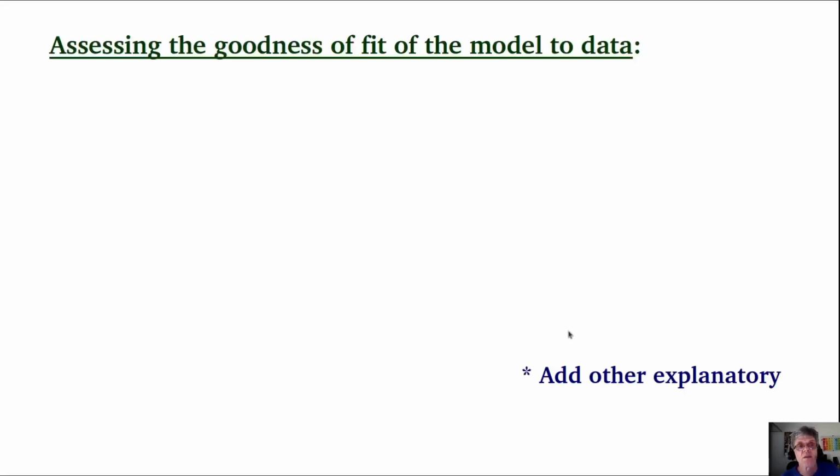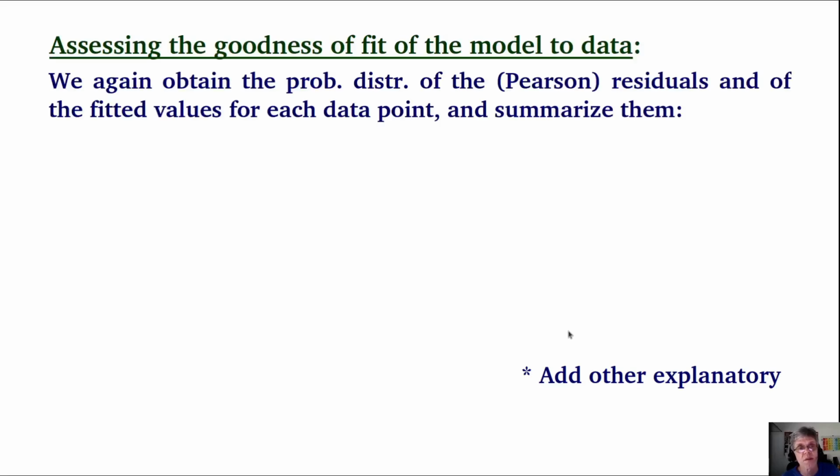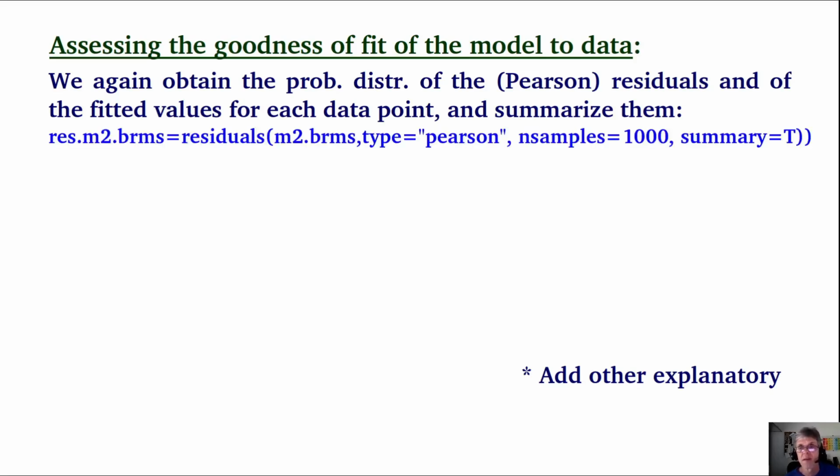So in order to assess the goodness of fit of the model, we obtain the probability distributions of the Pearson residuals and of the fitted values and summarize them. That is, we obtain the average and the standard deviation, and if we wish, the 95% credible intervals of the residuals of each point.